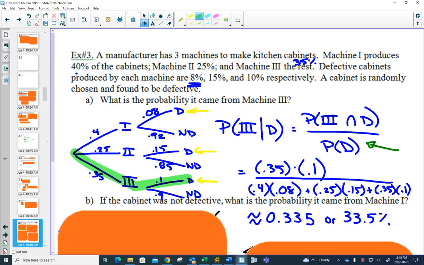Then the bottom, the probability of defective, comes in 3 different cases. We highlighted those with the yellow arrows. It could either come machine 1 and defective, machine 2 and defective, or machine 3 and defective.